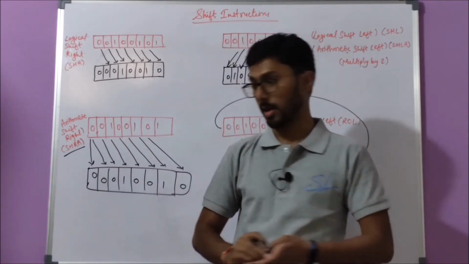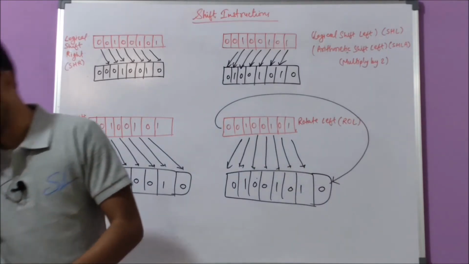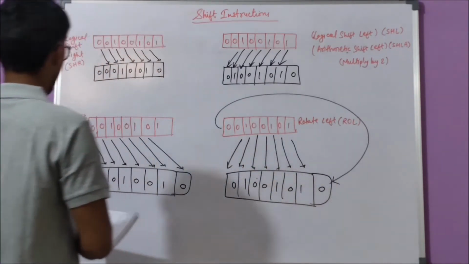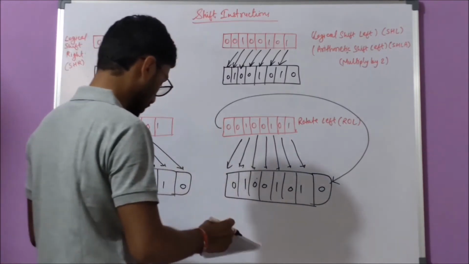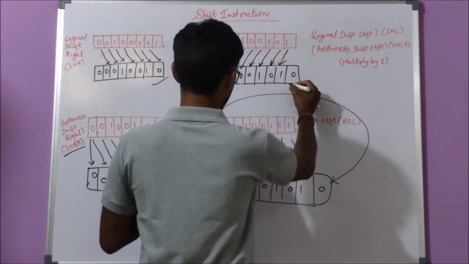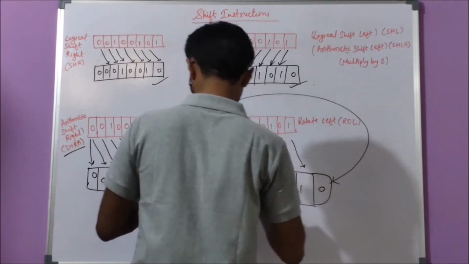Let me check whether they are all correct or not, then we will see more options. Okay, 0 0 1 0 0 1 0, this is correct. 0 1 0 0 1 0 1 0, yes, it is also correct.